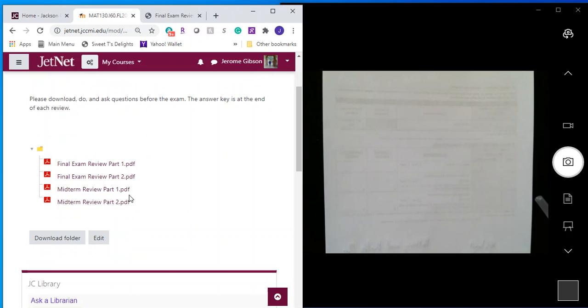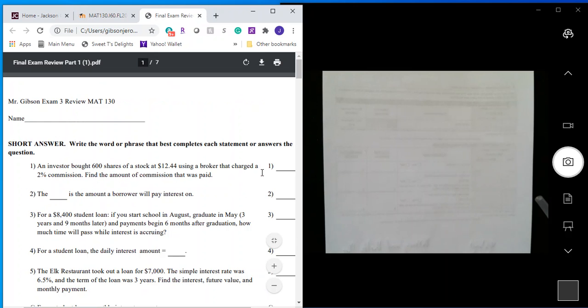So the first one that you would look at will be the midterm review part 1, then the midterm review part 2, and then the final exam review part 1, which I'm going over today, which will be the third video, and then finally final exam review part 2, and then you would definitely be ready for the final exam. So when you click on any of these, it will give you a download, and then we could get started here.